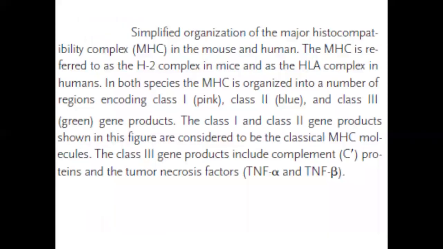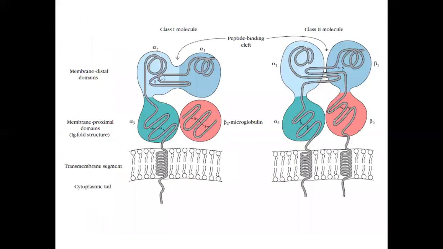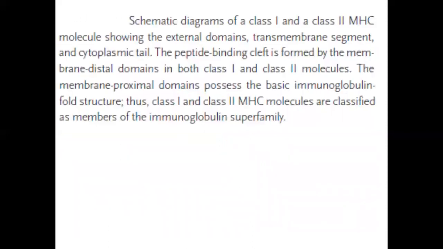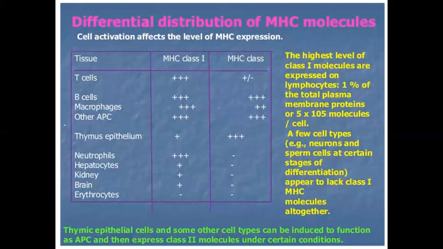This is the structure of the MHC molecule, which I've already explained in the last unit. Next, the differential distribution of MHC molecules: mostly they are present in the lymphocytes. The positive sign indicates the presence of these molecules in the lymphocytes.